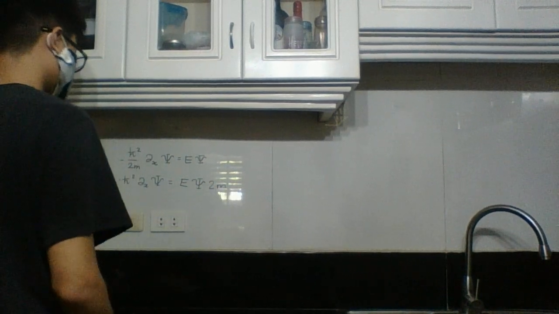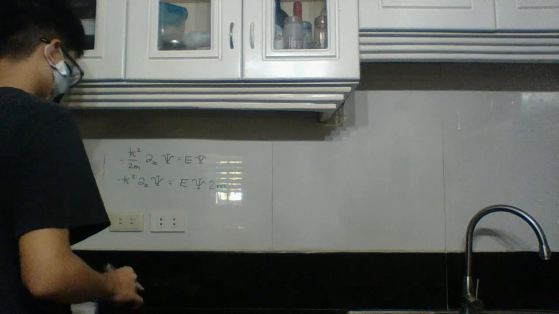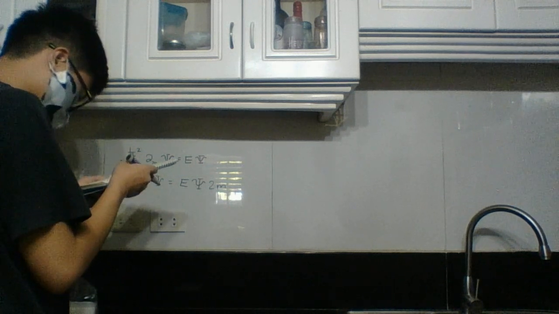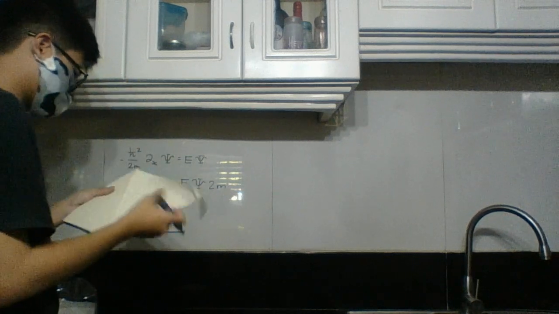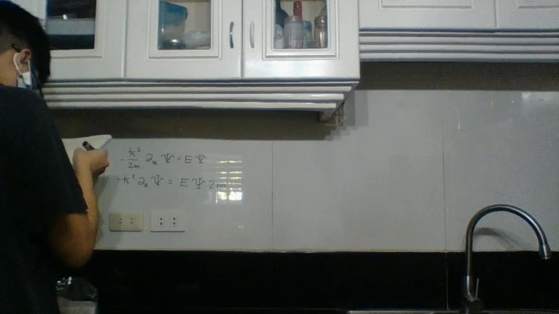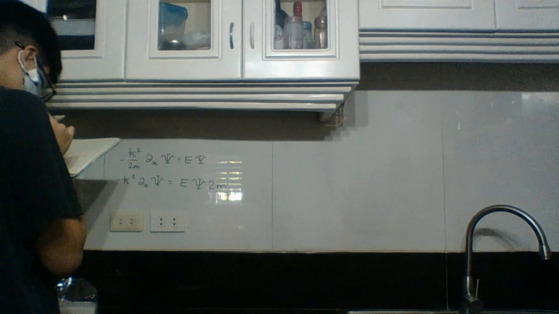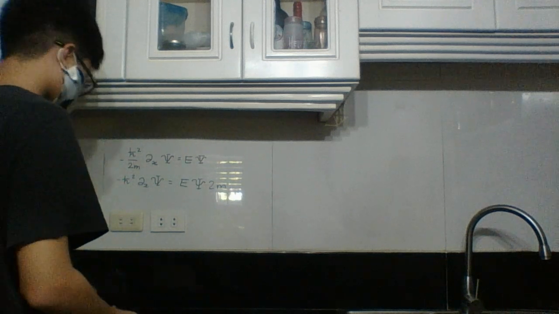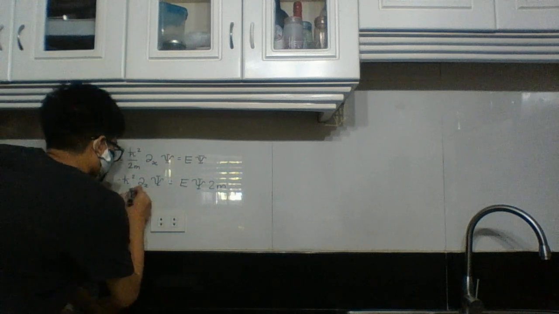And then I guess we divide by h bar squared, right? I didn't quite write down the derivation for this. So just divide both sides by h bar squared.